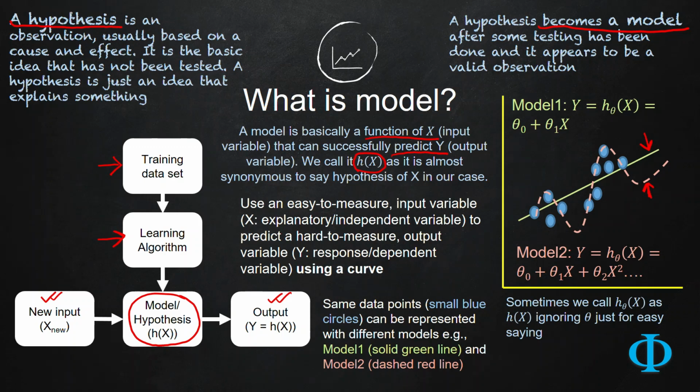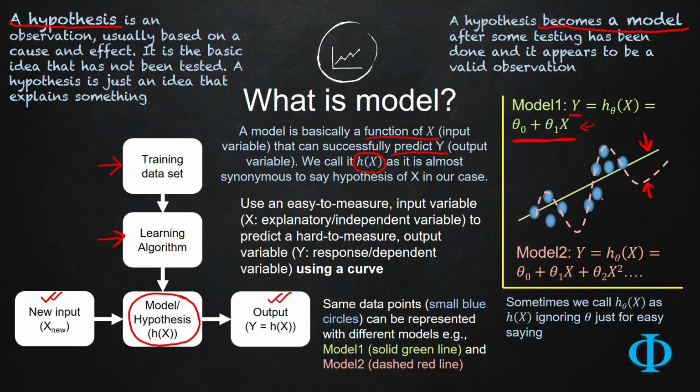Now, here in the green dataset, let's say our first model is expressed as y = theta 0 + theta 1 x, where theta 0 and theta 1 are some numbers, and this equation basically depicts a straight line.